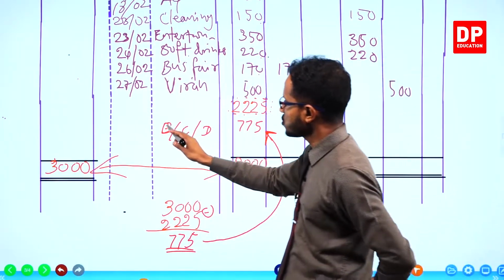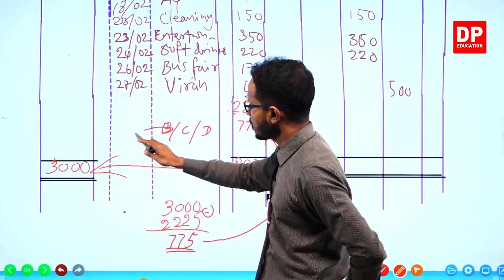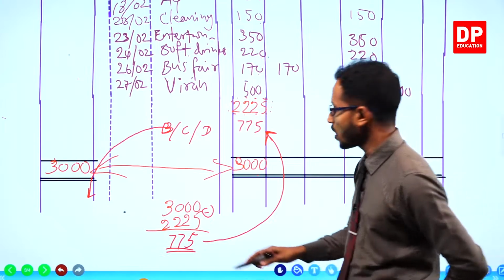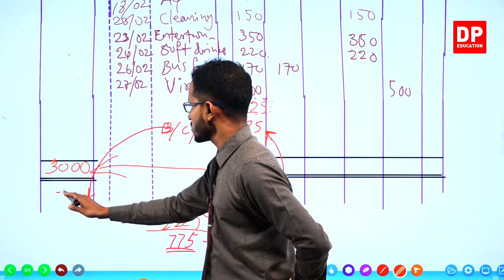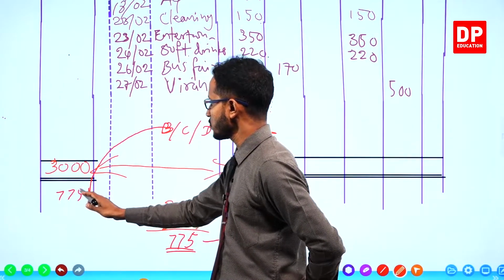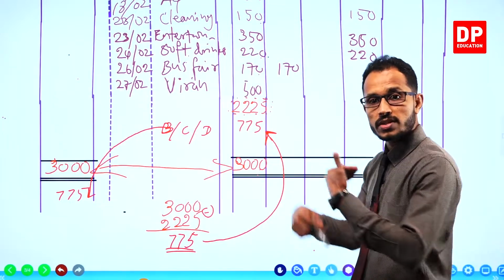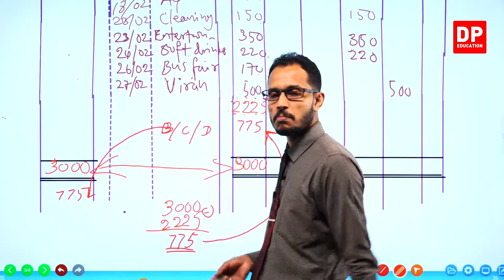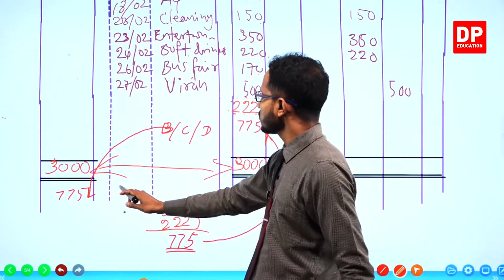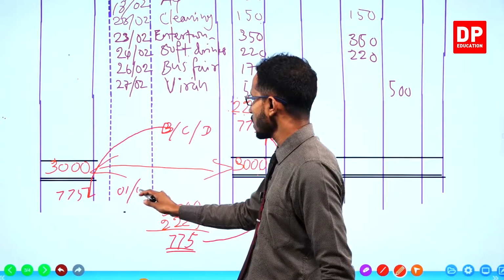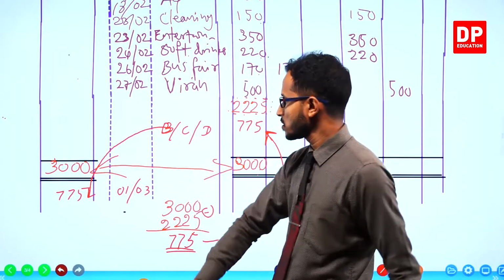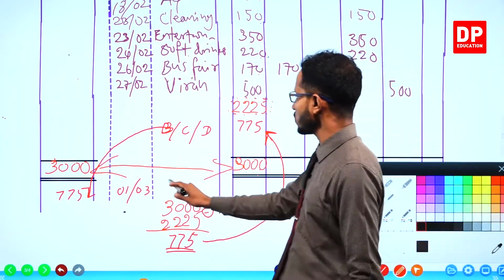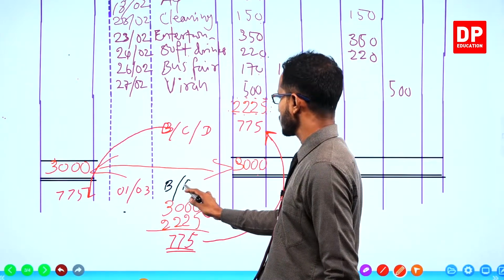The same balance should be taken back to the debit column as 775 to the next month for the petty cashier to start the next month on 1st of March. And that is the balance brought forward.